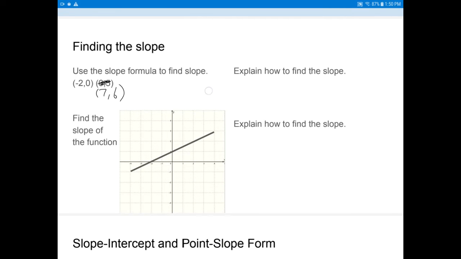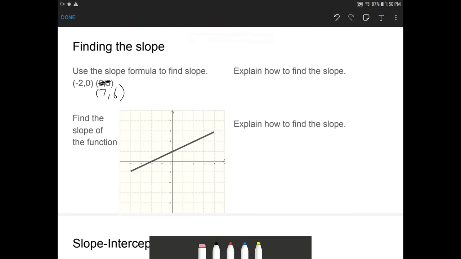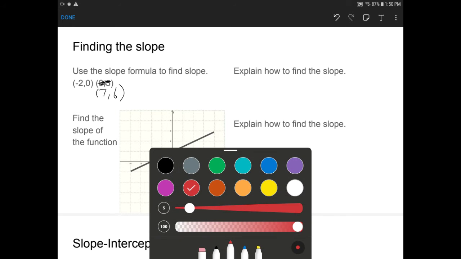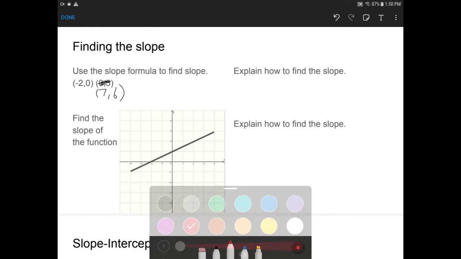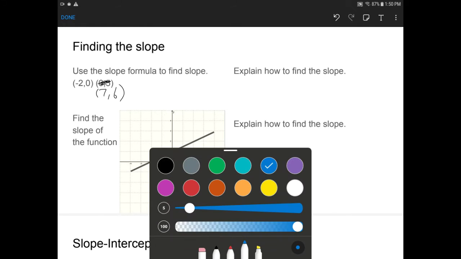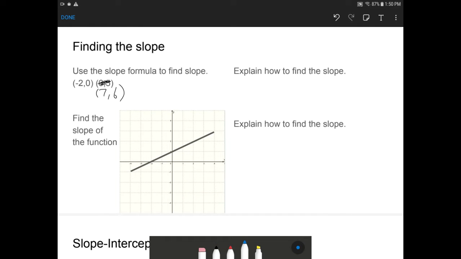So finding the slope. To find the slope, you do the slope formula, x1, y1, x2, y2.